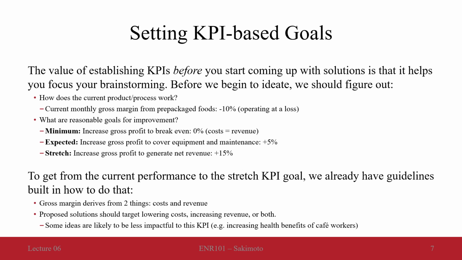This is not to say that there aren't other things that might affect this KPI, but we can recognize that other types of solutions, things that would be nice to have, like increasing health benefits for the workers, are going to be less impactful to this specific KPI. We might include other KPIs that contribute to worker satisfaction and student satisfaction, but these types of solutions are not going to improve this particular KPI.